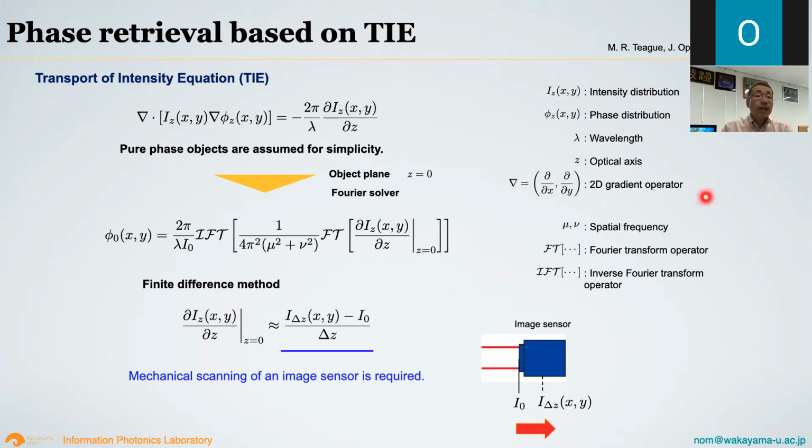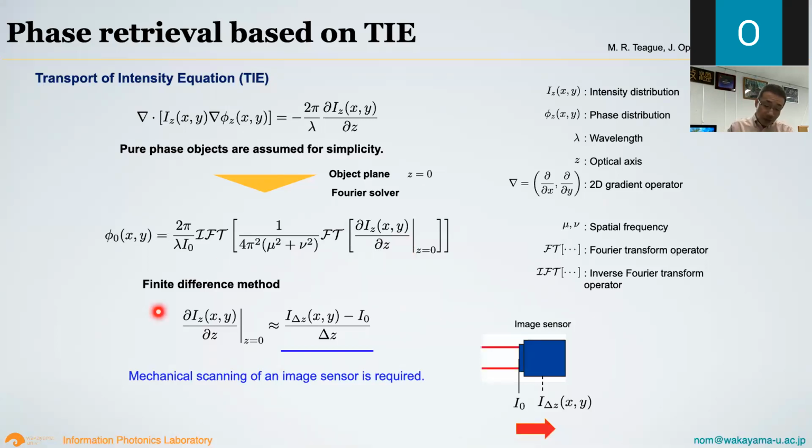It can be solved for the phase phi 0 using a Fourier technique. So we obtain this equation, which gives the phase phi 0 using Iz and I0. The intensity derivative is approximately calculated from this equation because the derivative cannot be detected directly.